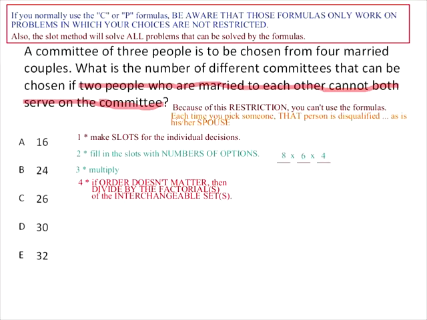So what do we divide by? It's a committee, so there are 3 people being chosen. You can scramble the entire committee; it is interchangeable. So we have to divide by 3 factorial.